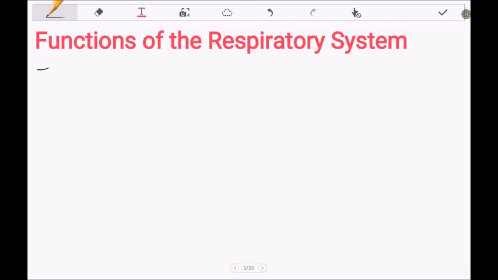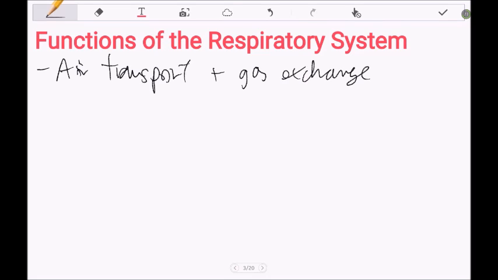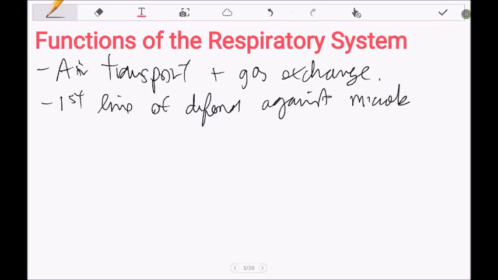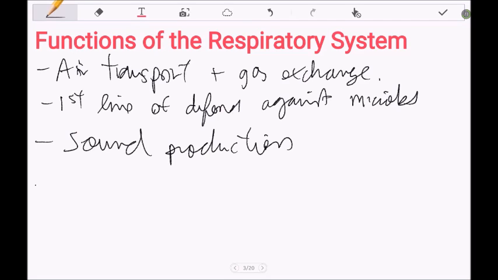So it's air transport plus gas exchange, a first line of defense against microbes. It also works for sound production and plays a crucial role in acid-base balance.